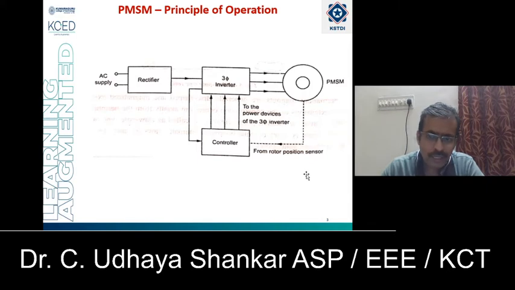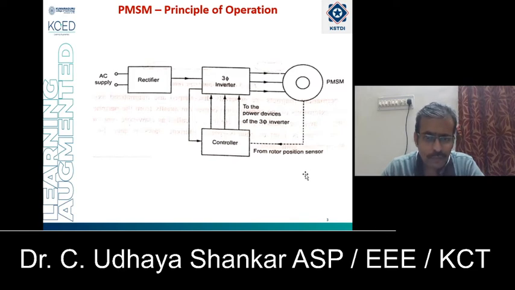The stator flux together with the rotor flux, which is generated by a rotor magnet, defines the torque and thus the speed of the motor. That is, the torque and speed of the motor depend on the stator flux together with the rotor flux. So this is the main thing you want to understand in this PMSM principle of operation.